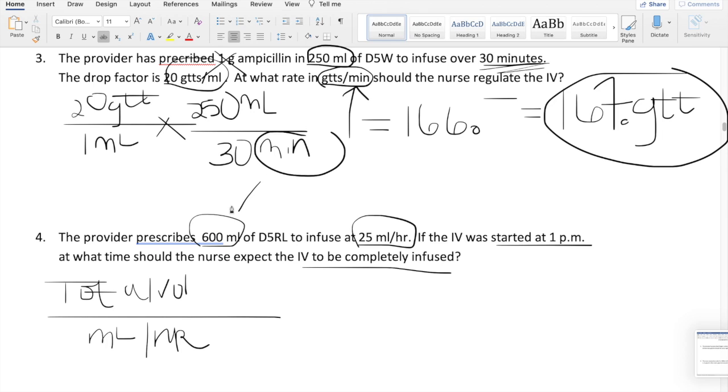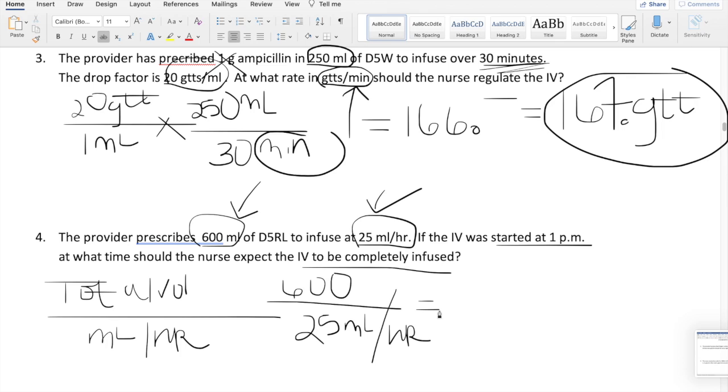So our total volume is 600 milliliters, which is going to go on the top, over our hour in milliliters. So it's going to be 25 milliliters per hour.